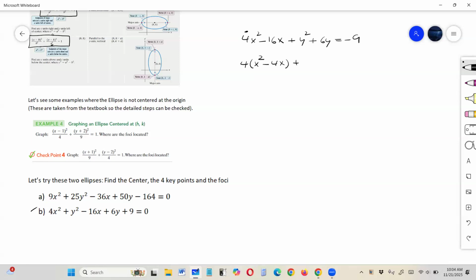Now, in the y case, that has an invisible 1 here, so I really don't factor anything other than a 1. All right. Now I complete the square. So from here to here is completing the square. X minus 2 squared, right? So always half of this number.